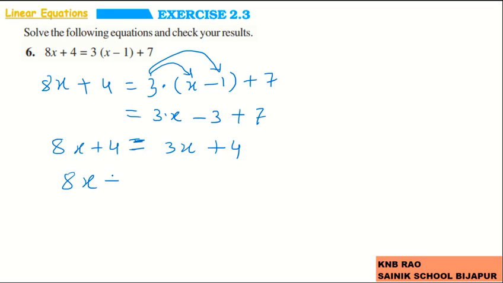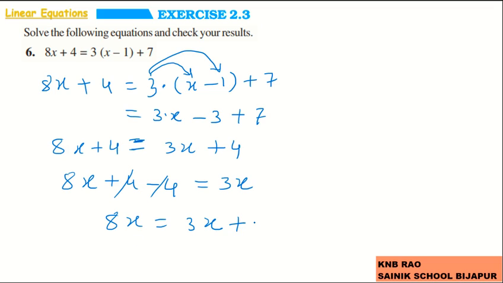Now on transposing, plus 4 comes here and becomes minus 4, and 3x remains as it is. This plus 4 and minus 4 get cancelled. Now 8x equals 3x, which means we have nothing here.